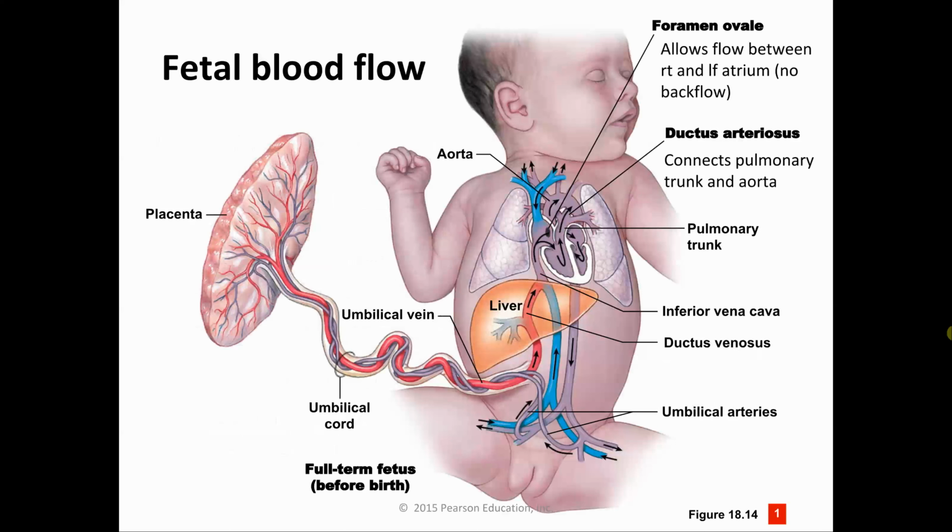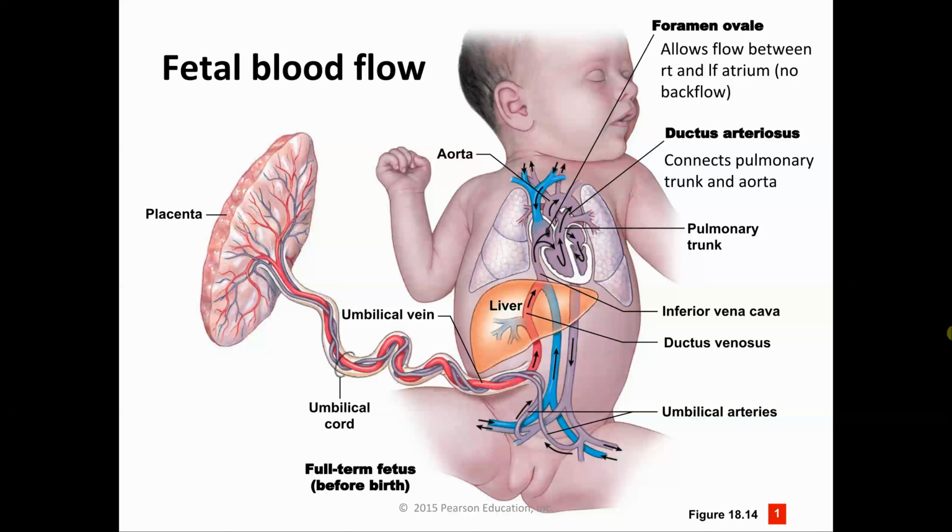So oxygenated blood comes in through a vein through the umbilical cord, and then runs up through the liver, and then ports into the inferior vena cava. Okay. So then baby pretty much just has oxygenated blood running into their whole heart.